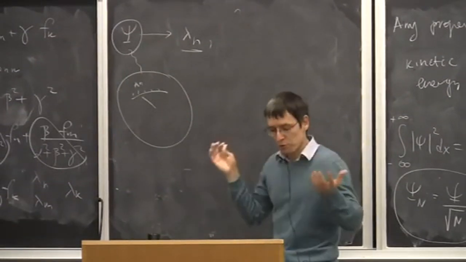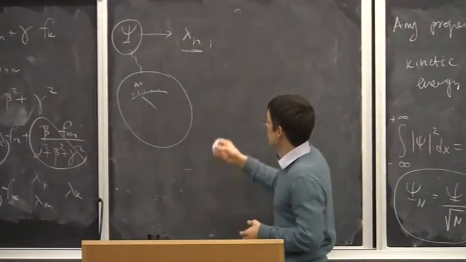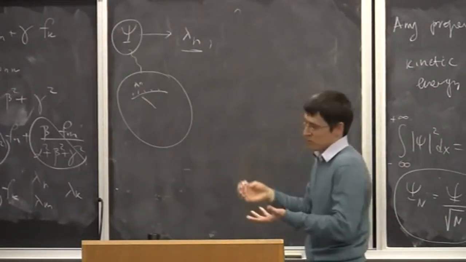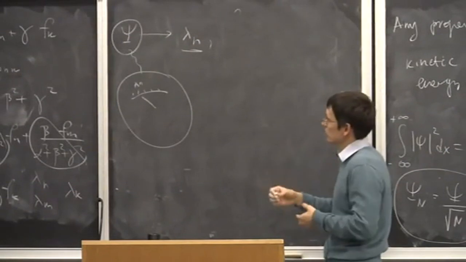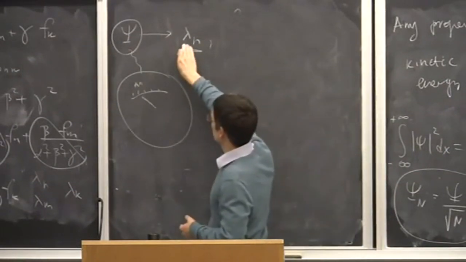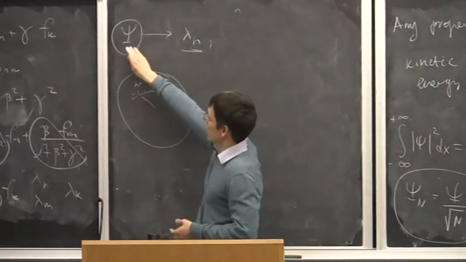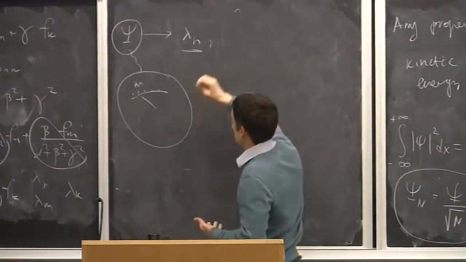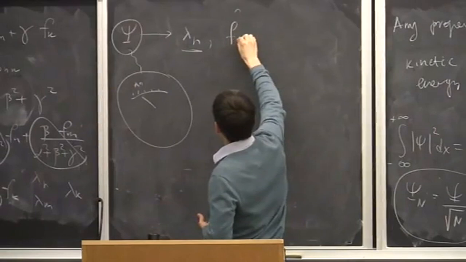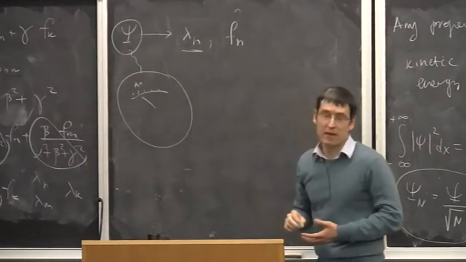That goes beyond the current course. But as a postulate, people formulate that whenever we get the eigenvalue lambda n as a result, the wave function collapses to the eigenfunction fn.